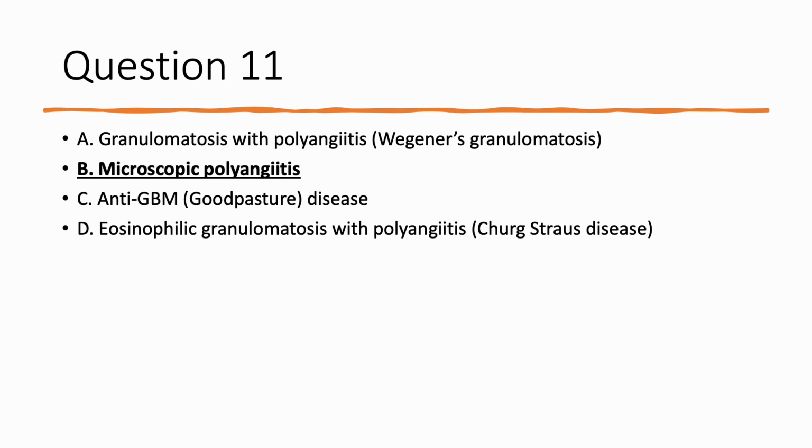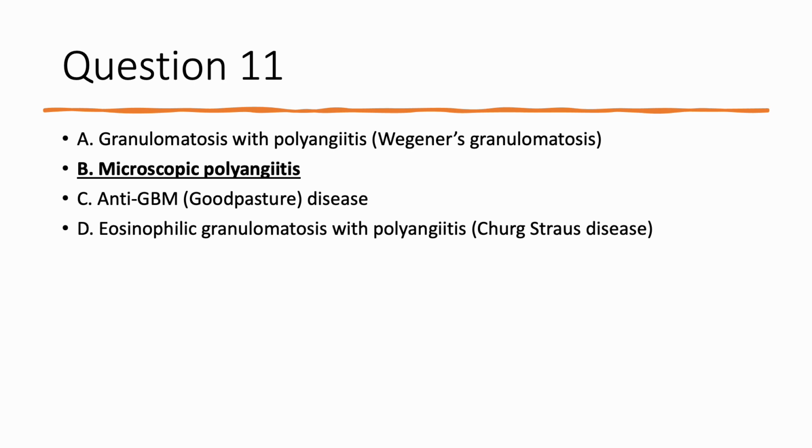The answer is B, microscopic polyangiitis. Why is that? Now, on clinical grounds, it's not easy to distinguish granulomatosis with polyangiitis from microscopic polyangiitis. With granulomatosis with polyangiitis, sometimes if you're doing a kidney biopsy or a lung biopsy, you can see granulomas, okay?